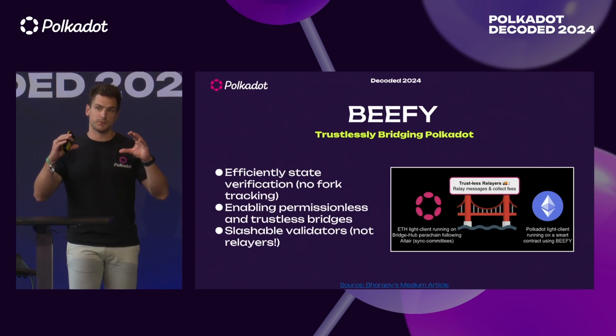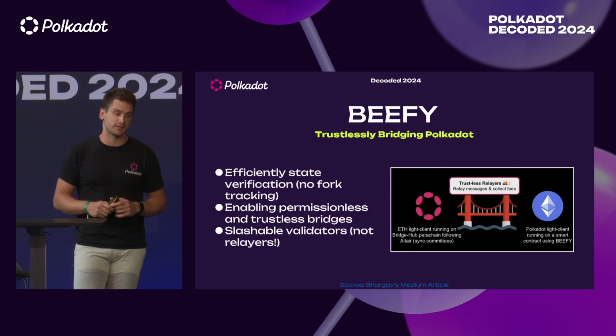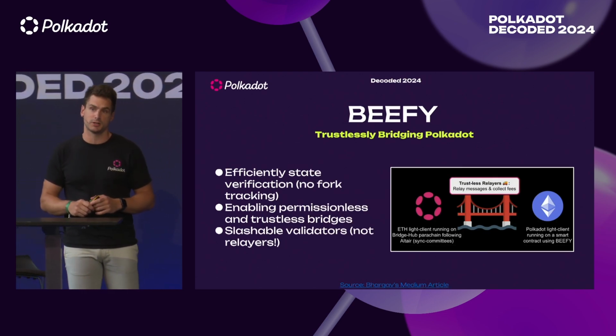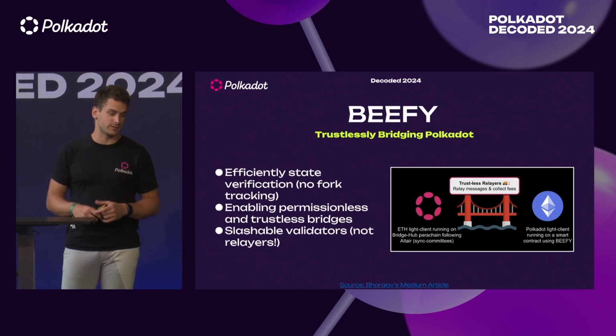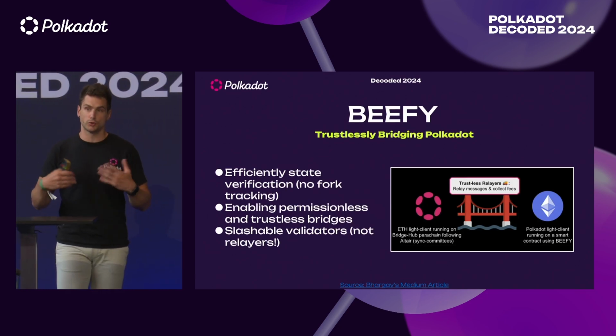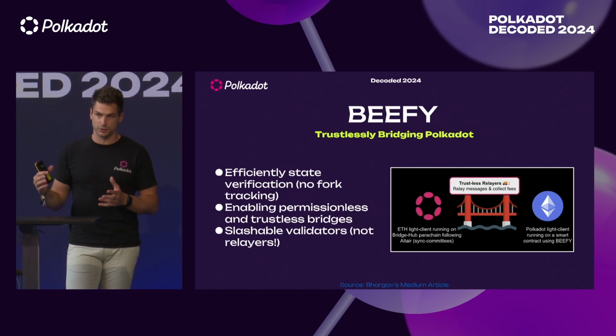So with Beefy, we enable very fast state verification. This is very important for permissionless trustless bridges like Snowbridge and Hyperbridge, which will be launched very soon. The idea is that 60% of all hacks actually happen on centralized bridges, and we want to avoid this.